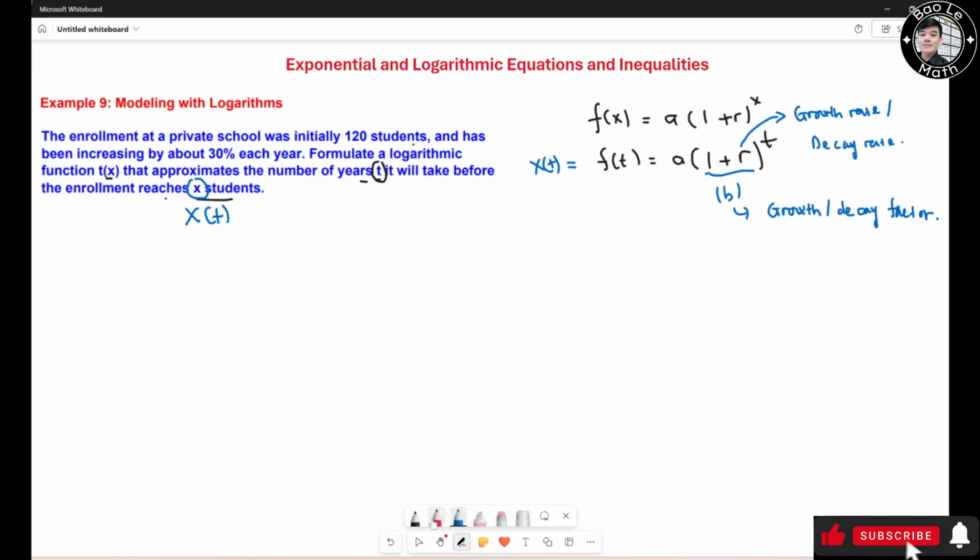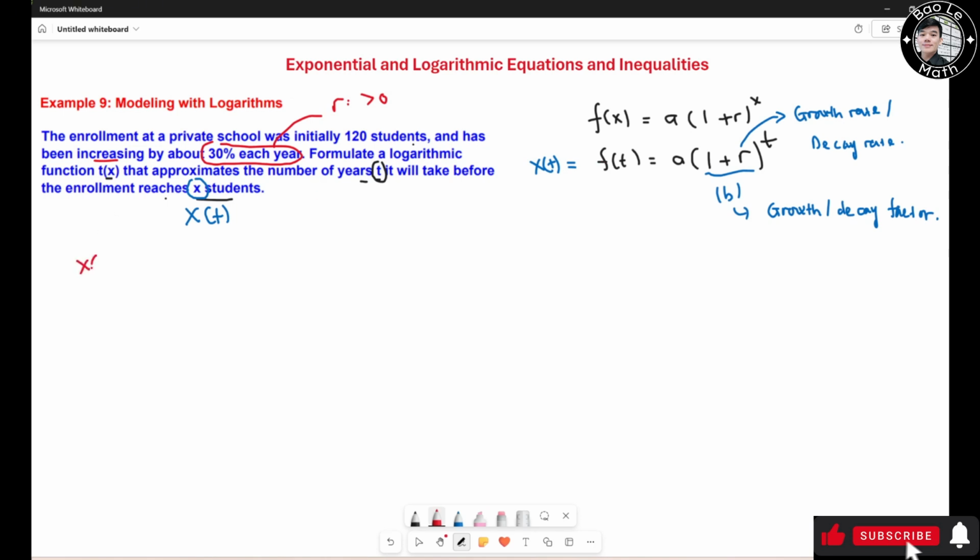Alright, so we see that the number of students has been increasing by about 30% each year. So this guy tells us that r is the growth rate, right? Because it's positive, it's increasing, right? So I use the formula right here.